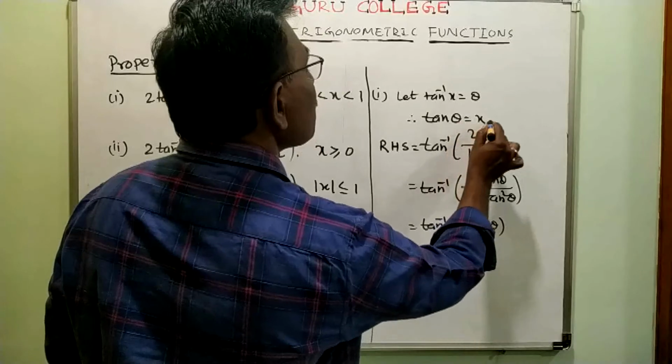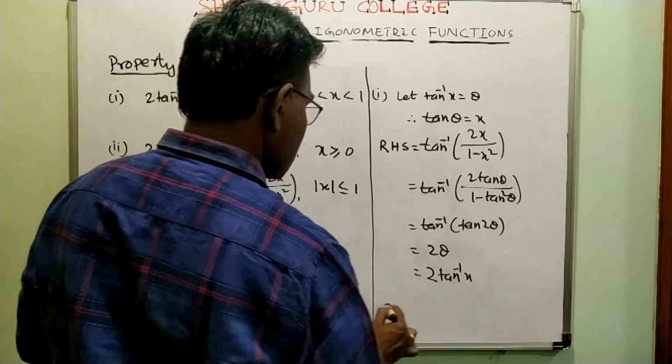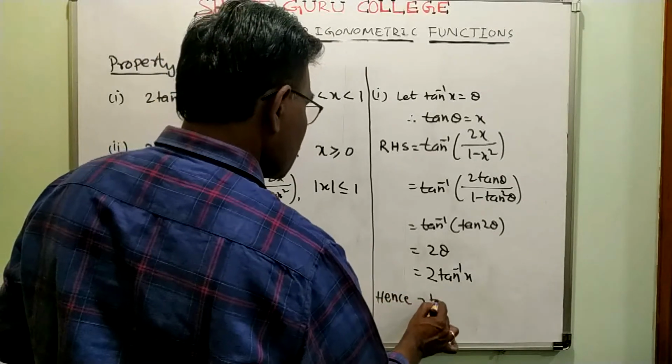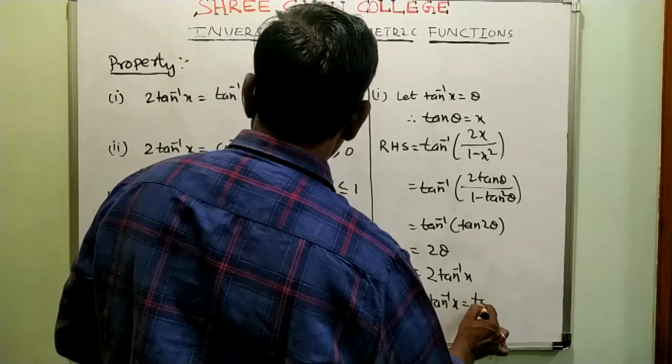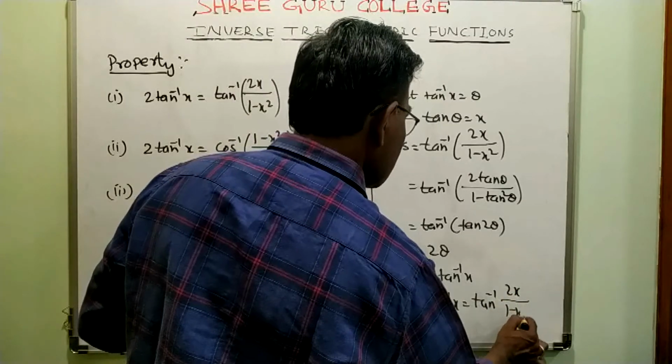Theta is tan inverse of x. Hence 2 tan inverse of x equals tan inverse of 2x by 1 minus x square.